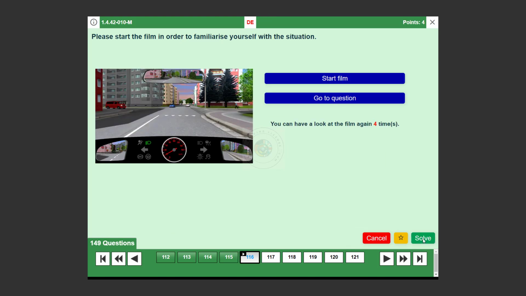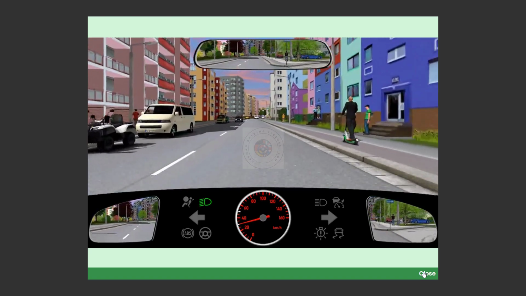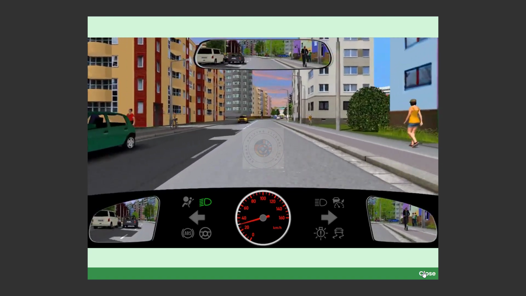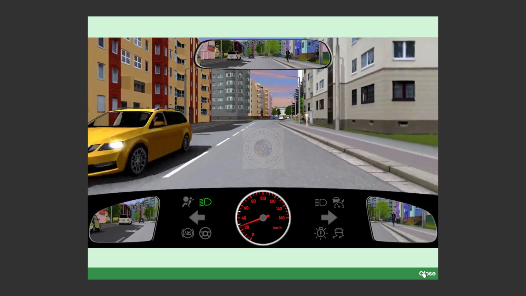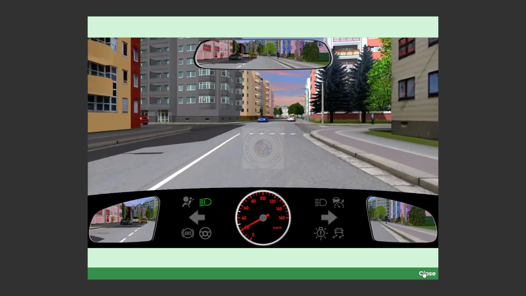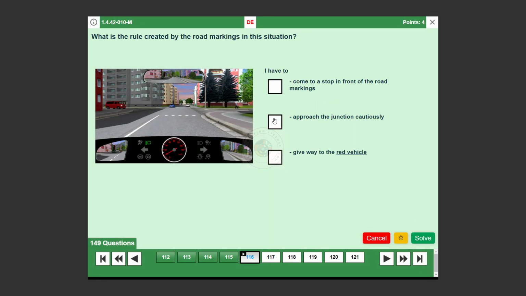Question number 116. What is the rule created by the road markings in this situation? Approach the junction cautiously. True. The shark's teeth road marking signifies a waiting obligation due to the right before left rule. You should approach the junction carefully and yield to any vehicle coming from the right.